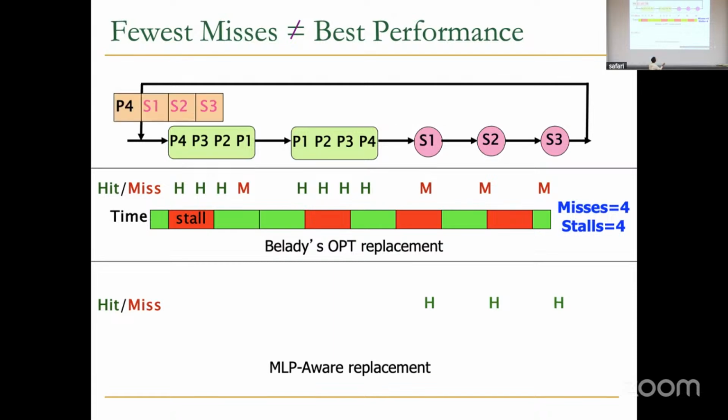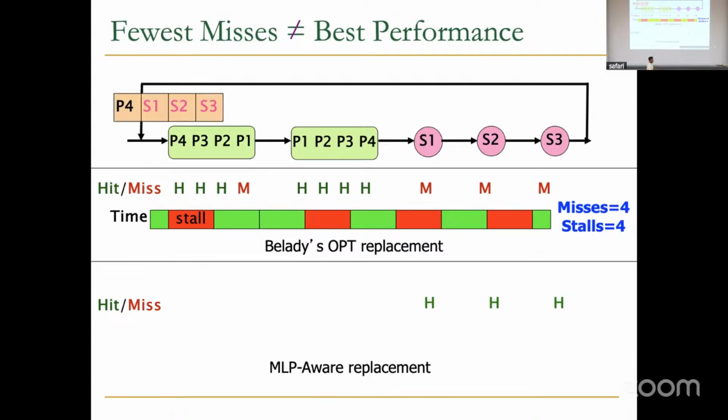At this point, if I go back, the MLP-aware replacement policy is going to say that these S1, S2, and S3 are completely exposed to the processor, so I'm going to save these cache blocks as much as possible. I don't care about any of these other cache blocks. I'm going to pin these blocks inside the cache.